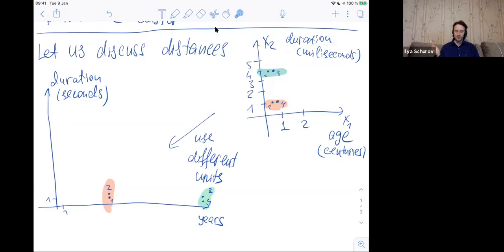This is an unavoidable problem because there is no canonical way to define distances in these spaces. So we see that the result of our clustering is different, and this difference is due to usage of different units of measurement. And this shows that the usage of appropriate ways to measure distances is very important in solving these clustering problems.